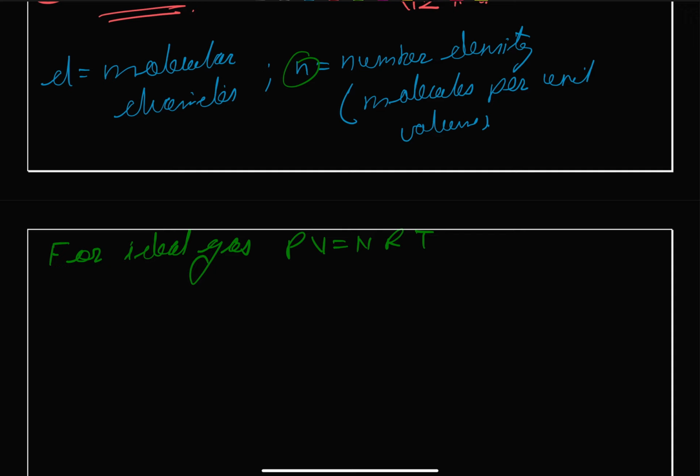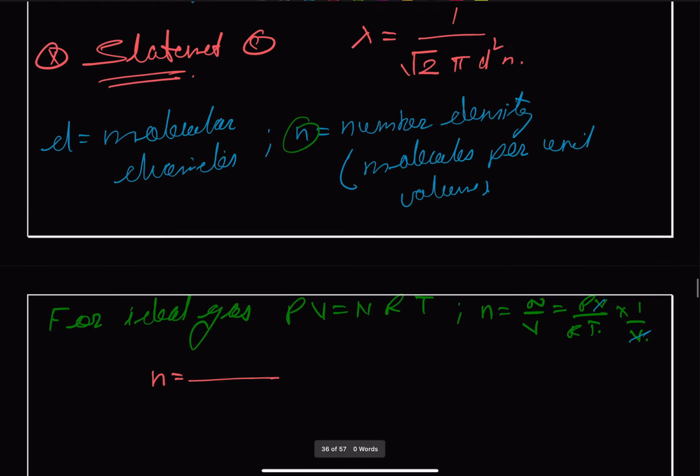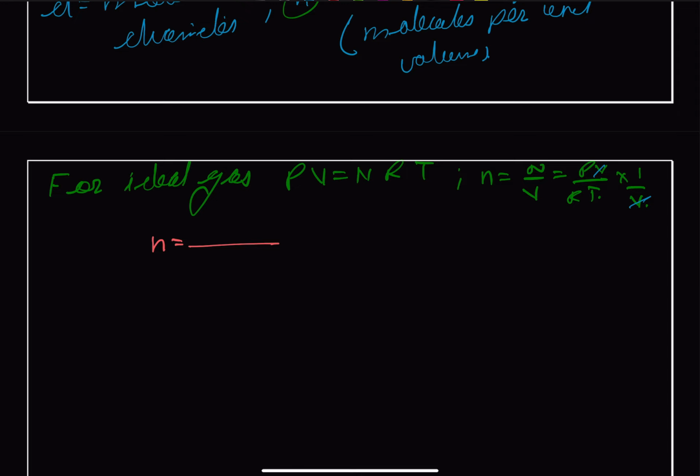And this small n we can write as capital N divided by V. So N will be equal to PV upon RT, multiplied by 1 by V. Here V and V cancel out, so we get this small n is equal to P upon RT.